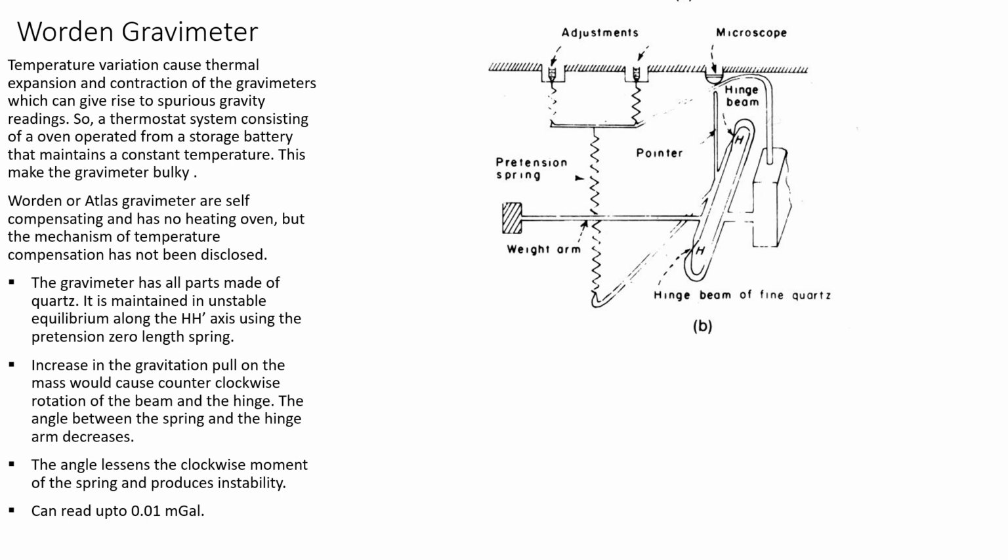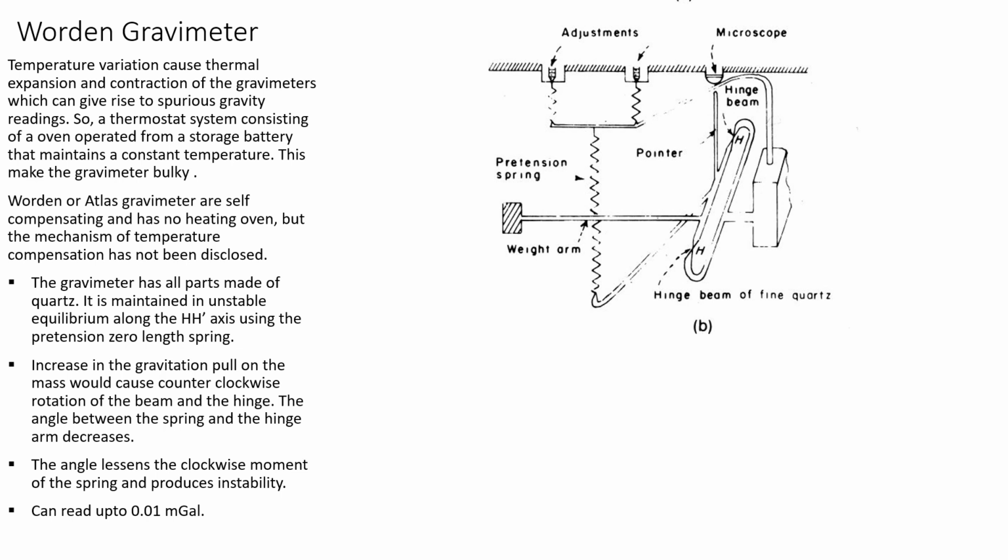So the gravimeters must be operated under constant temperature, and this is achieved using a thermostat system which constitutes an oven that is operated from a storage battery. But the problem with this thermostat system is that it's very bulky and it affects the portability of the gravimeter.